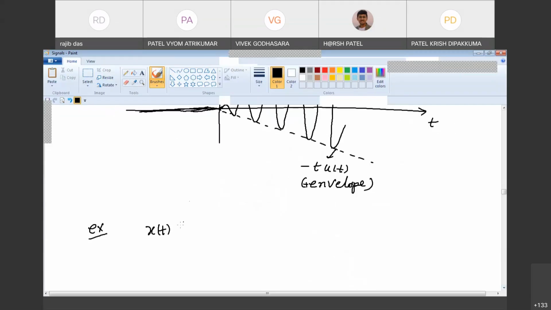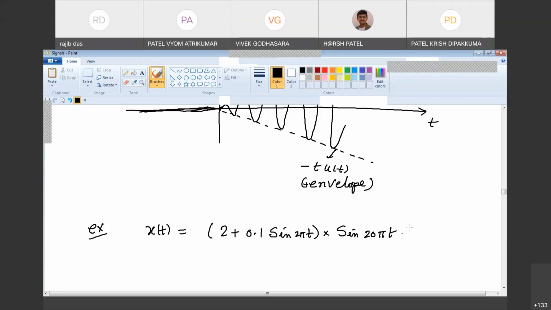Suppose x3 equals (2 + 0.1 sine 2 pi t) multiplied with sine 20 pi t.